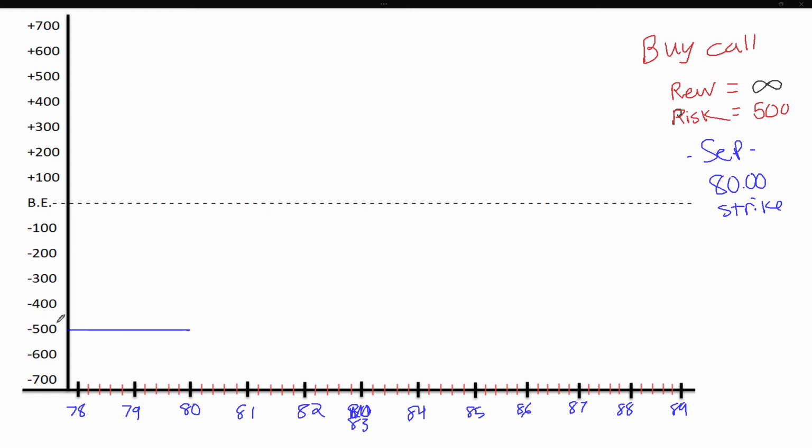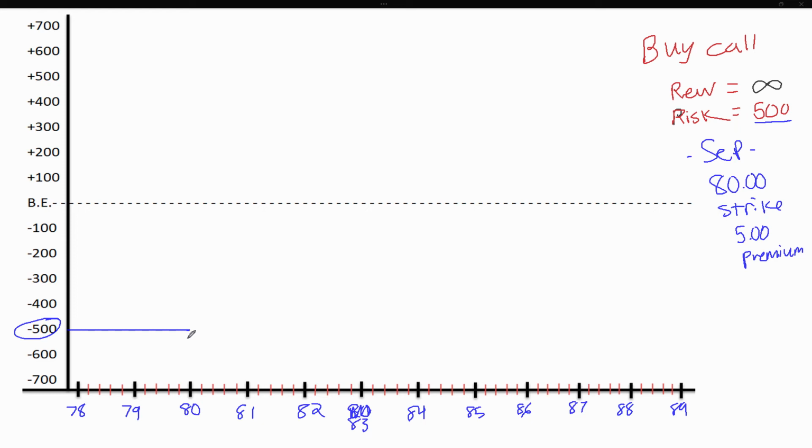We're going to lose $500 if the stock is at the strike price or lower. No matter how low it goes, doesn't matter, the company could go bankrupt. We can only lose what we spent, which was $500 for that call. We must have paid $5 in premium, right, to buy that call option. So that's our loss at the strike price or lower.